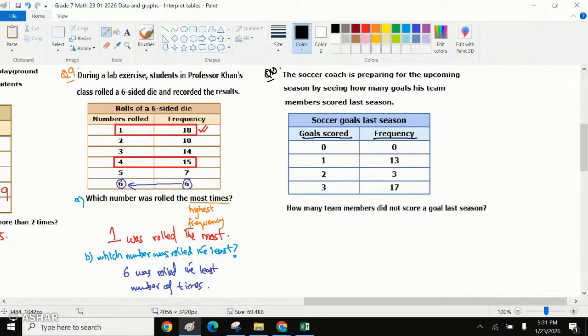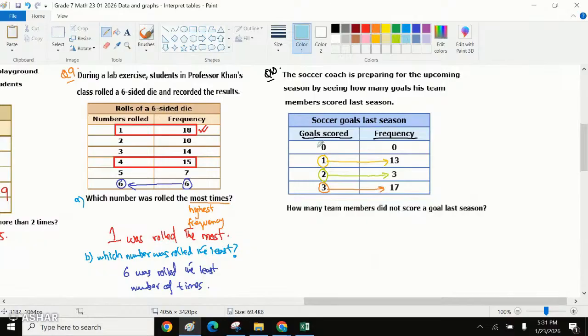They are saying 0 goals scored by 0 people. One goal is scored by 13 players, right? 2 goals were scored by 3 players. And 3 goals were scored by 17 players, right?